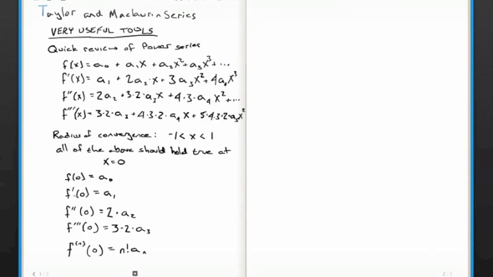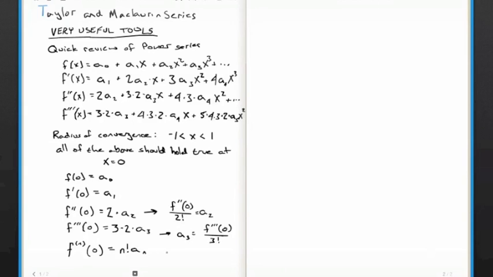A sub 1 is just f prime of 0. This indicates that a sub 2 is f double prime at 0 over 2 factorial. And I know exactly what a sub 3 is. It's f triple prime at 0 divided by 3 factorial.